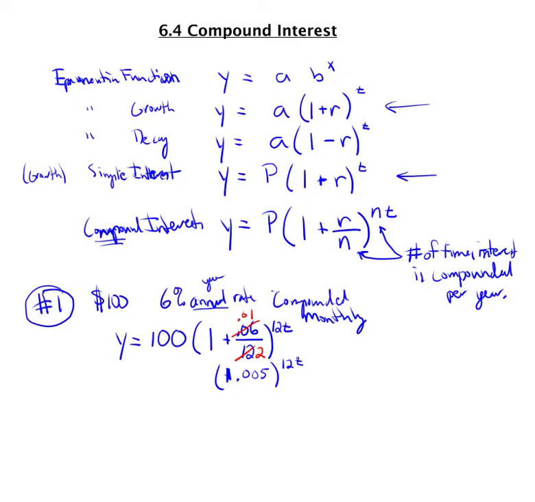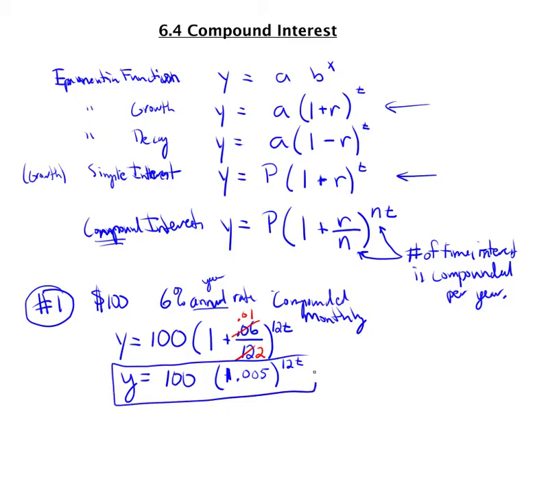So don't forget to bring your T down. That 12 is compounded 12 times, and every month then it's a 0.005 multiplier of that. So bring down my Y, so that is the formula, the equation for compounding it.